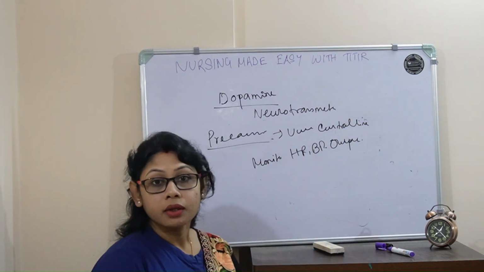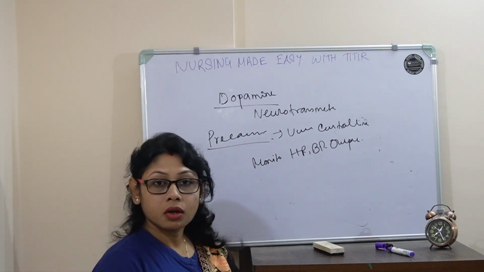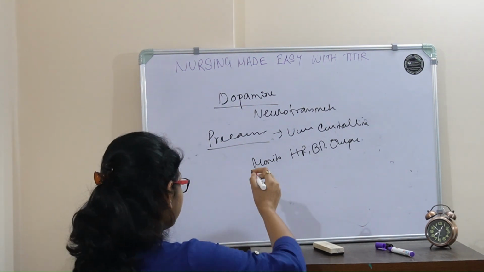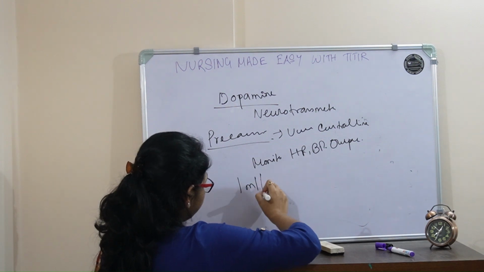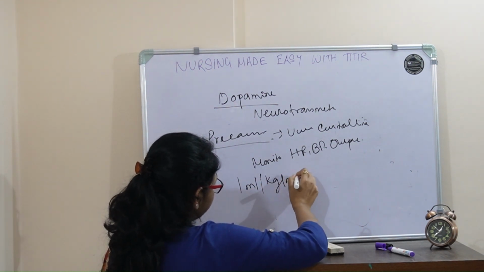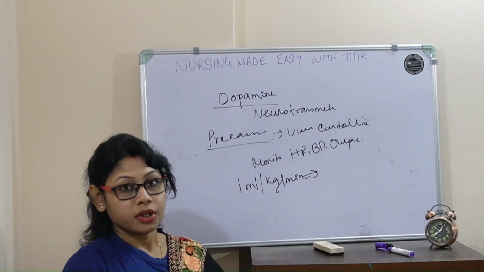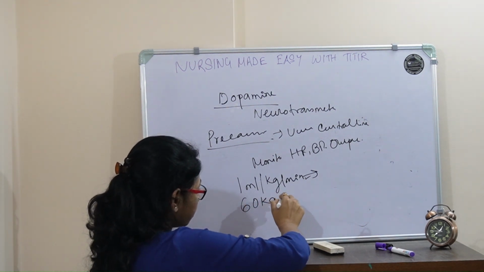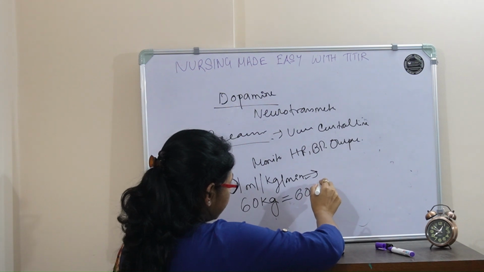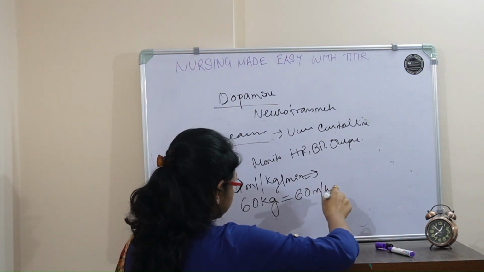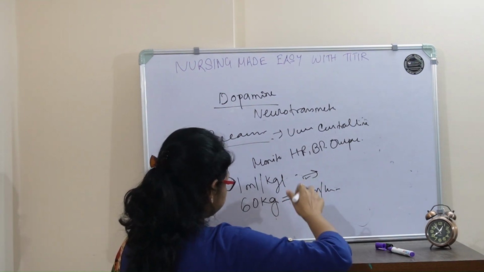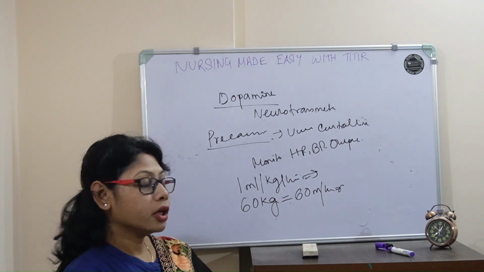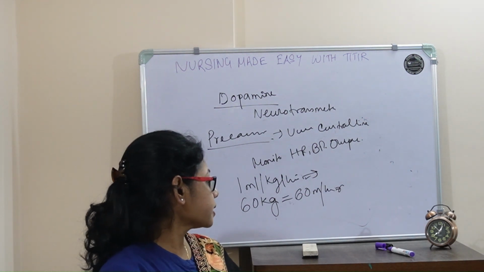So what is the normal urine output? Let's see once, because we are discussing dopamine, which is very important to treat acute renal failure patients. Normal urine output is 1 ml per kg per hour. For example, if the patient's body weight is 60 kg, the urine output should be 60 ml per hour.